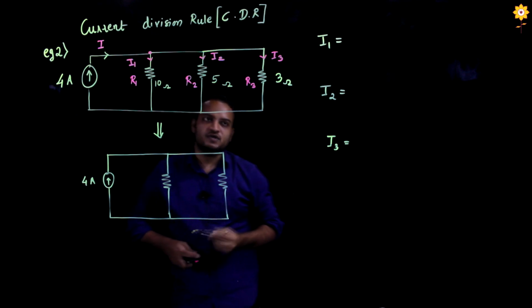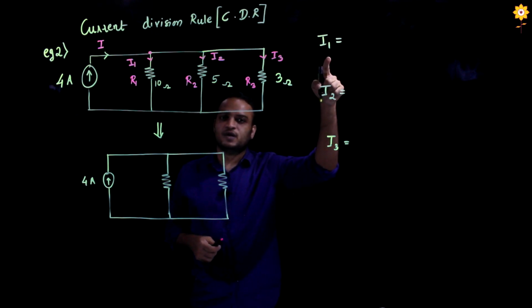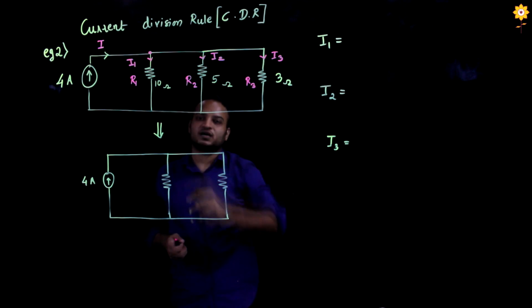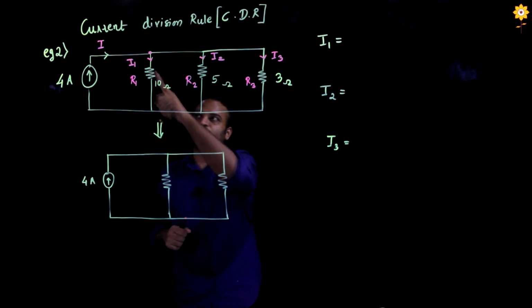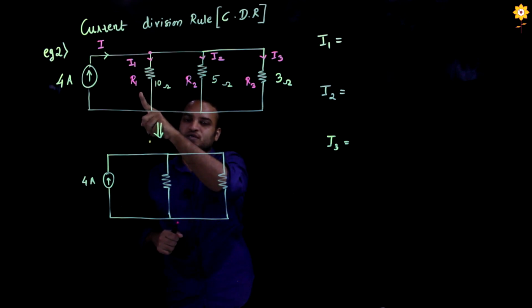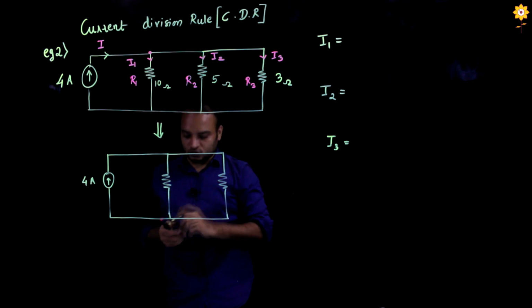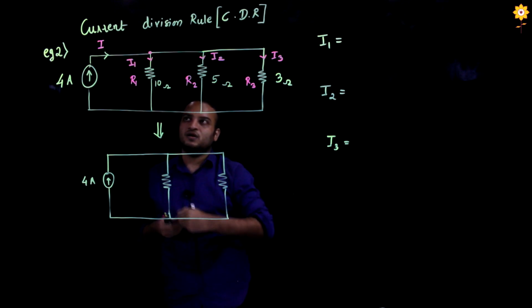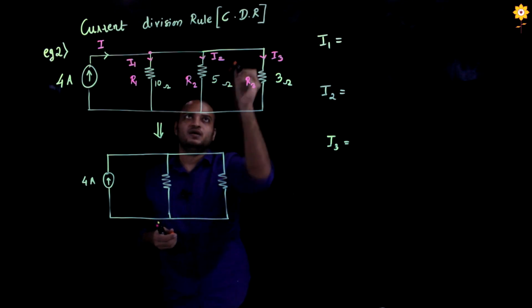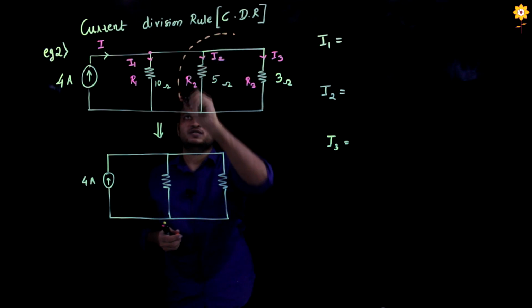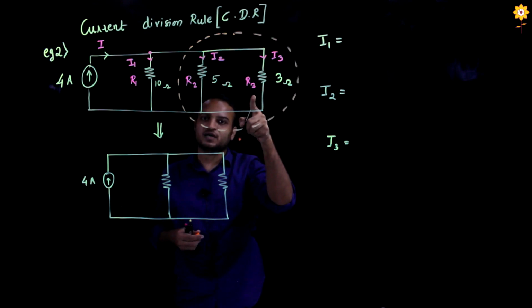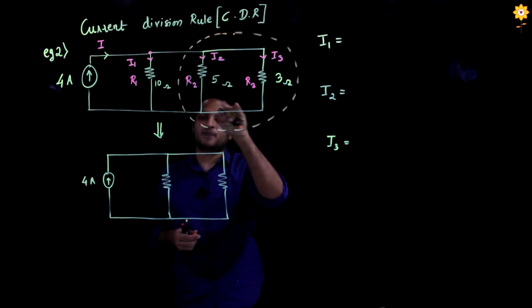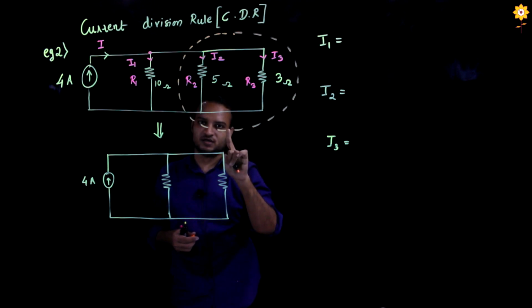So let's check out first what will be the formula if I want to calculate the current I1. The current I1 is flowing through resistance R1. If I look opposite to R1, I see 2 resistors, that is R2 and R3, which are in parallel. So we'll have to combine this to make one resistance.